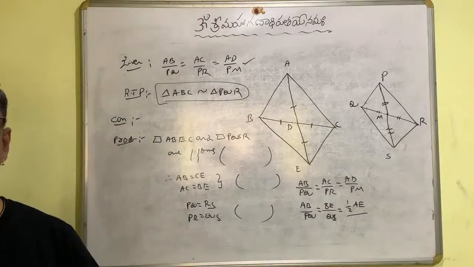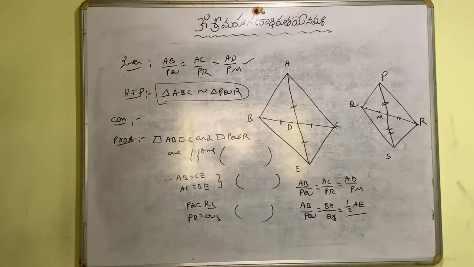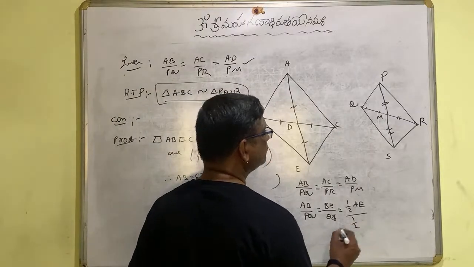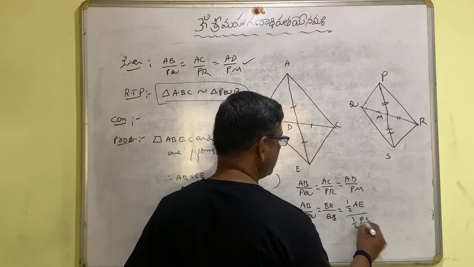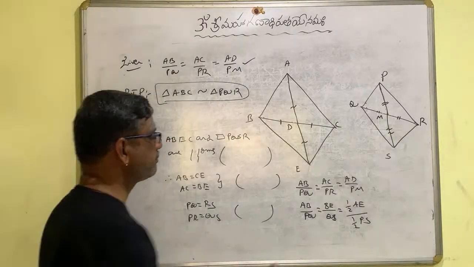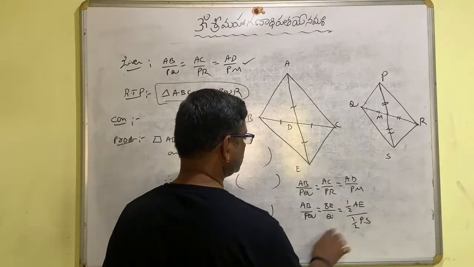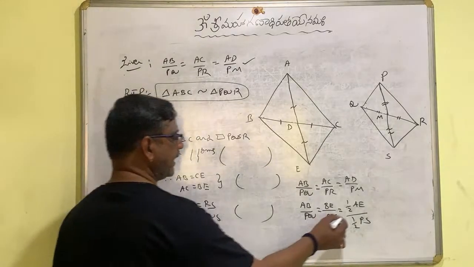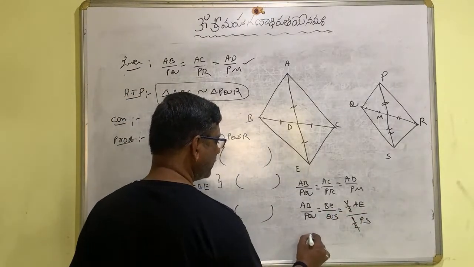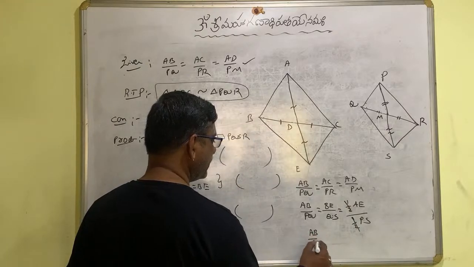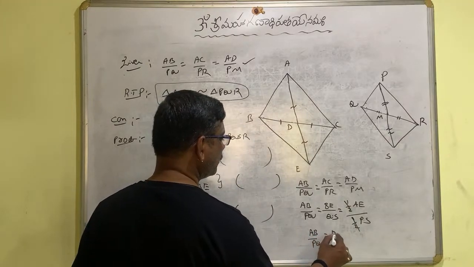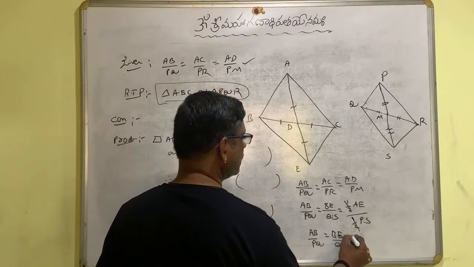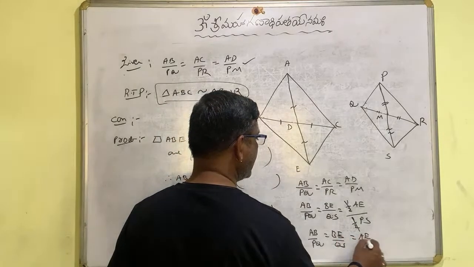Instead of AD, I will write half AE, and instead of PM, I will write half PS. The halves get cancelled. So what is remaining? AB by PQ is equal to BE by QS is equal to AE by PS.